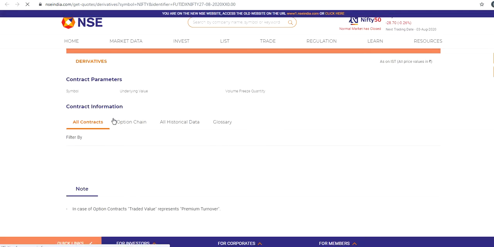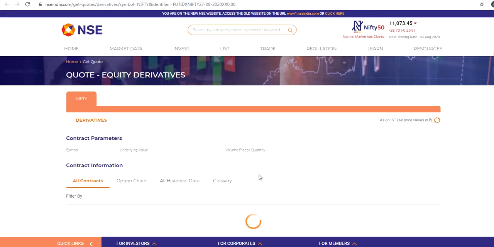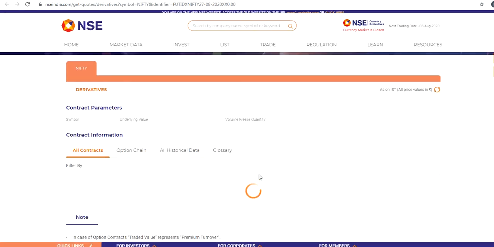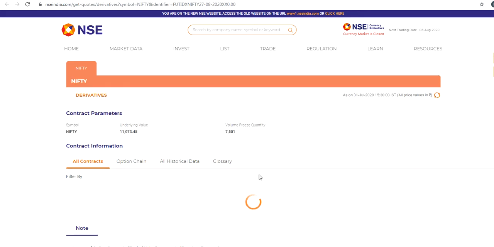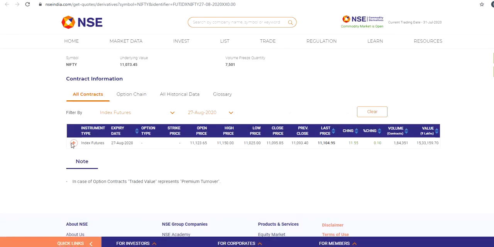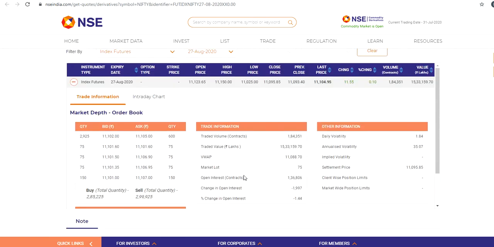Okay, now let's go here. If I expand here, you can see there is something called market lot. This is what I was talking about.